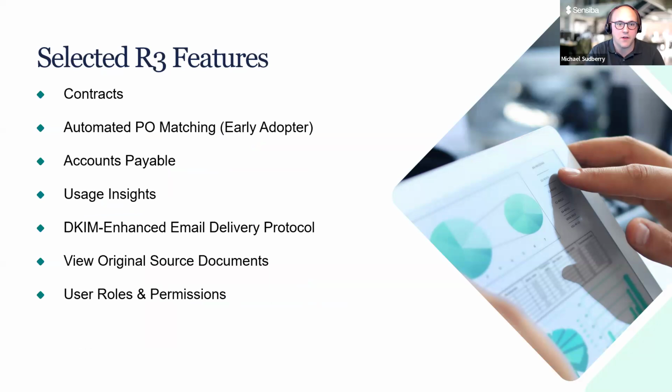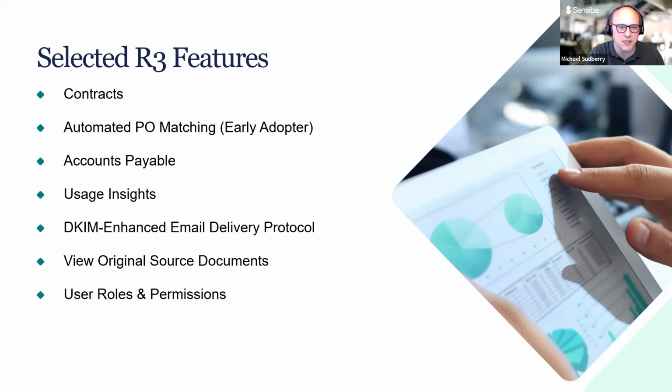So we do have new enhancements for the contracts module, and also the contracts dimension. Automated PO matching is now in the early adopter stage of the AP automation tool. Accounts payable has some very exciting new features in credits.